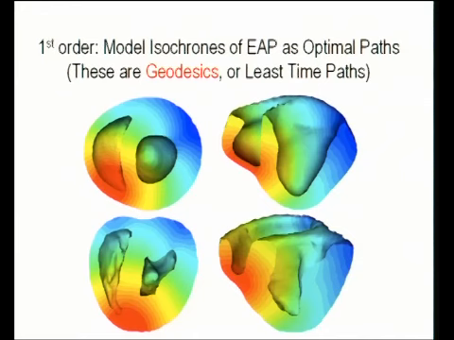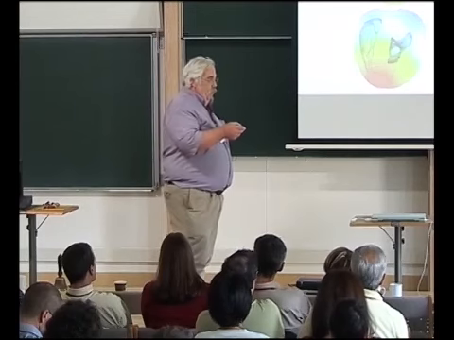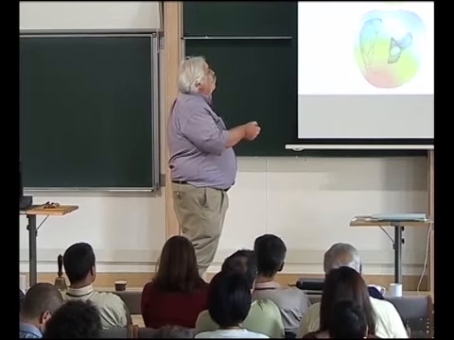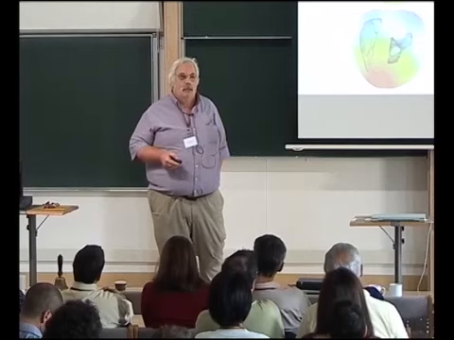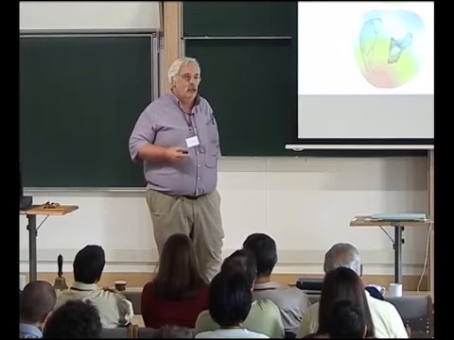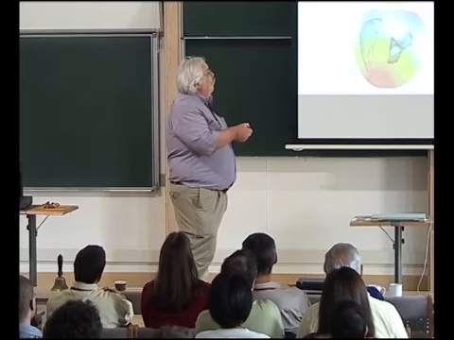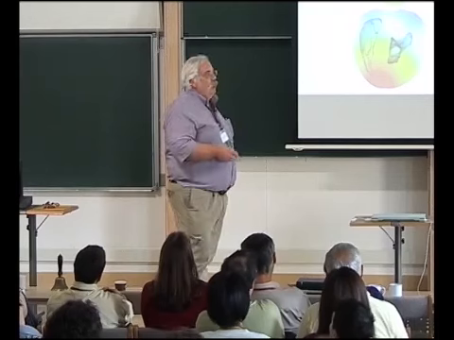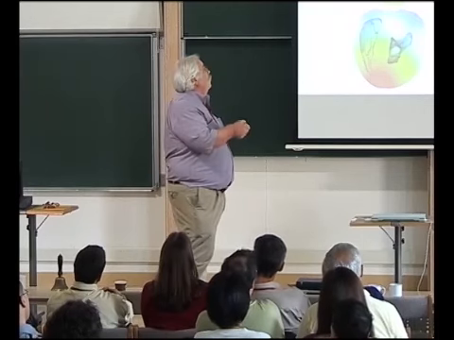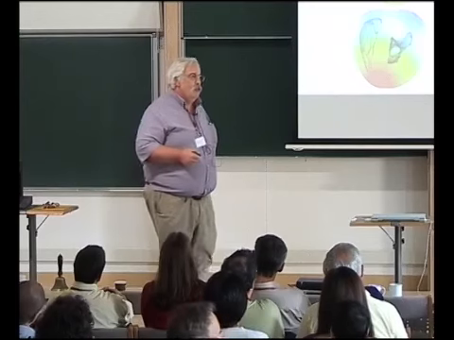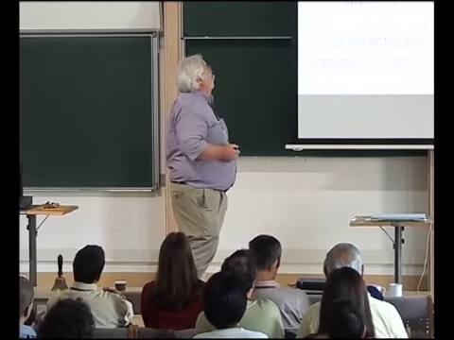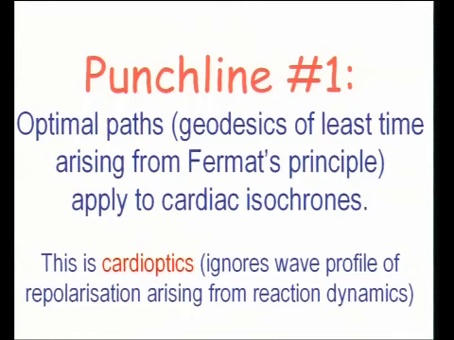Okay, so these isochrones are the geodesics, or least time paths, for the spread of the EAP through the heart. Now, we know that the wave that comes first is the only one that matters in the spread of EAP, because that's the wave that depolarizes. And any kind of signal that comes second has nothing to do with it, right? So this is the principle for Huygens wavelets in this case. The wave that gets there first does the excitation.